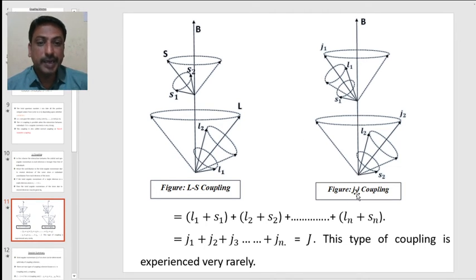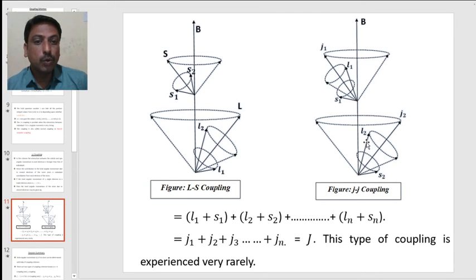You can see here in the figure representing JJ coupling, the spin angular momentum S1 of electron 1 and its orbital angular momentum L1 independently precess around the resultant total angular momentum J1.